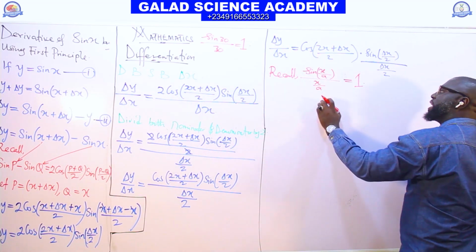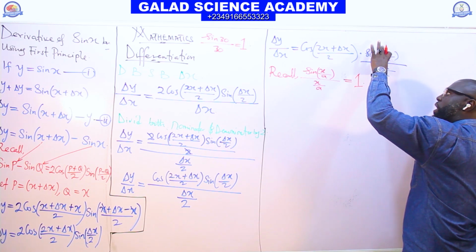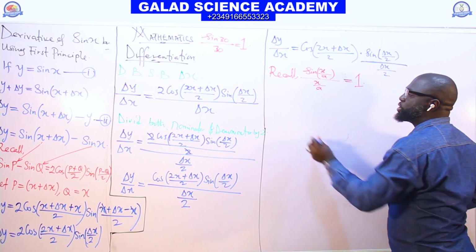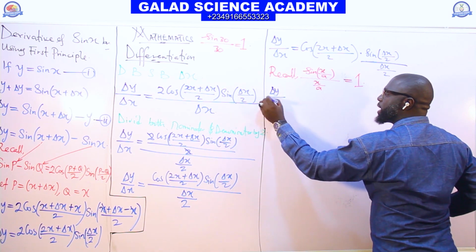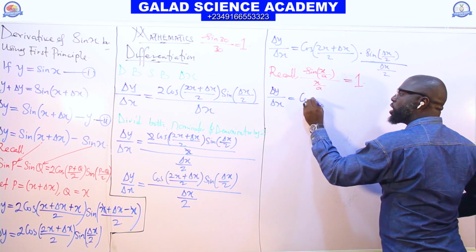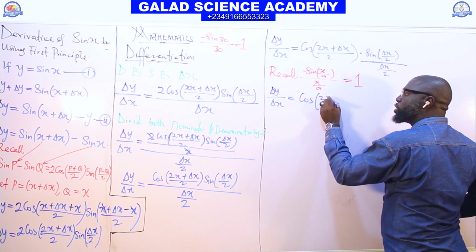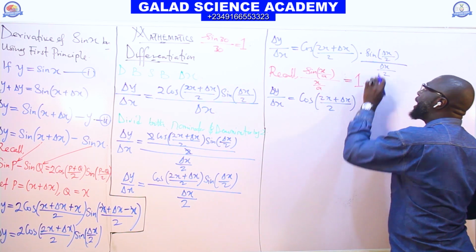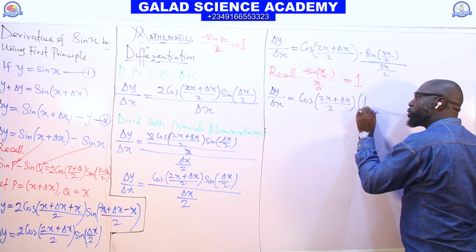So everything you have here is equal to 1. As a result of that, we are moving to dy over dx here will be equal to cos angle of 2x plus change in x over 2. Everything you add here now is equal to 1.